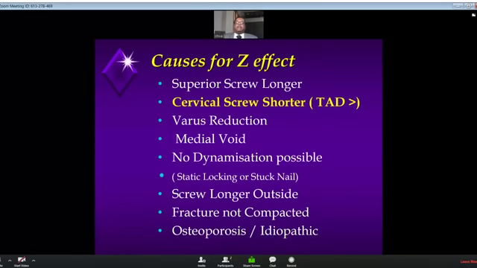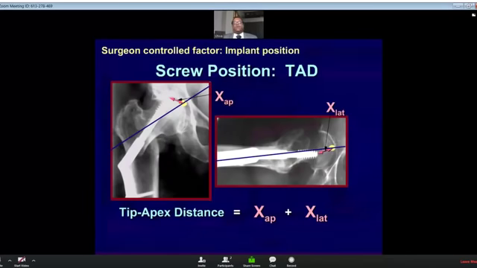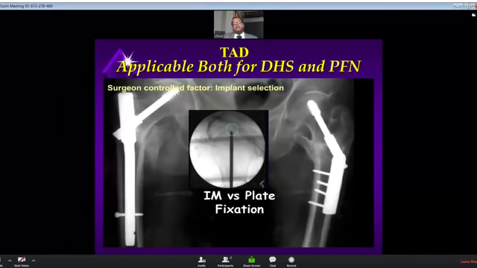or longer TAD. Friends, we all know Baumgartner's principle of screw position and the tip apex distance for DHS. It's not only for DHS, this is applicable even for intramedullary nails like PFN, EPFN or any other single screw system.